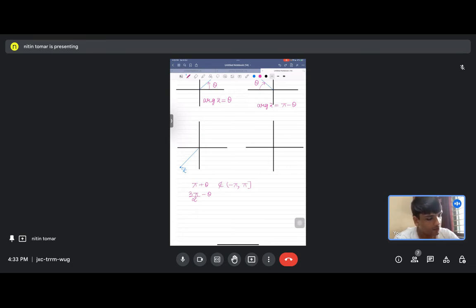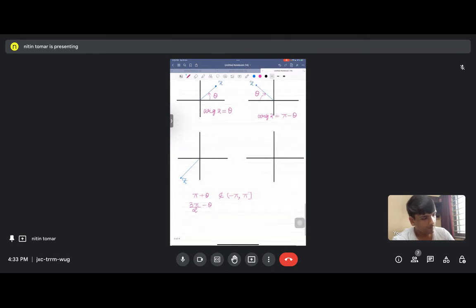You are saying 3 pi by 2 minus theta. So, 3 pi by 2 is here. So, this must be your theta, correct? Yes, sir. So pi minus theta is correct, sir. Pi minus theta is correct.